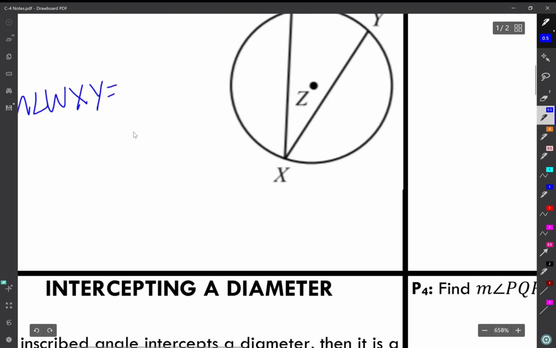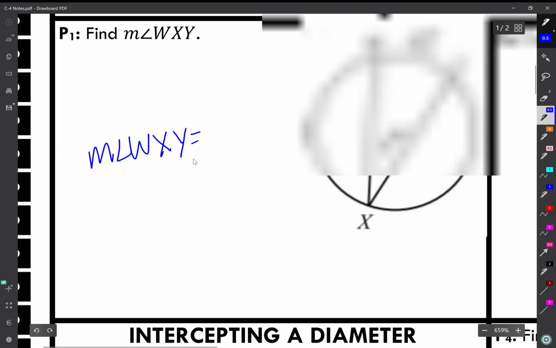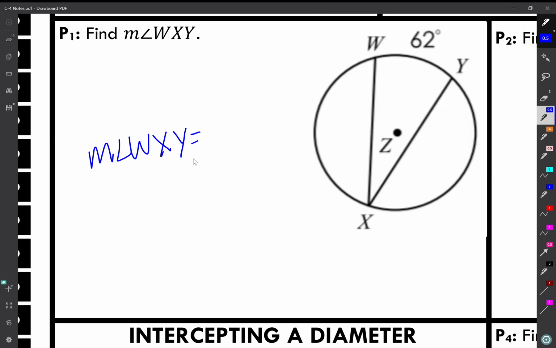That's going to be half of the measure of the intercepted arc, which in this case is that 62-degree arc. So 62 over 2. That'll give us that the measure of our angle is equal to 31 degrees. So measure of angle WXY is equal to 31 degrees.